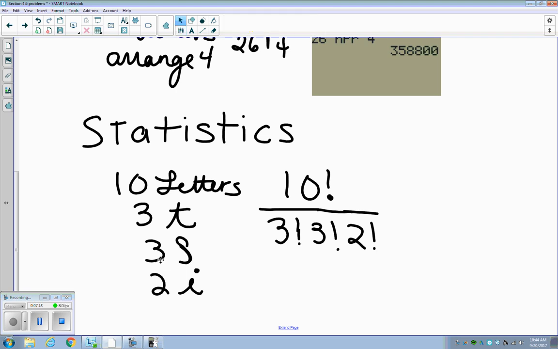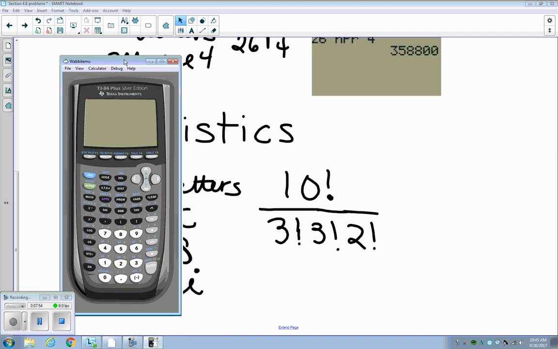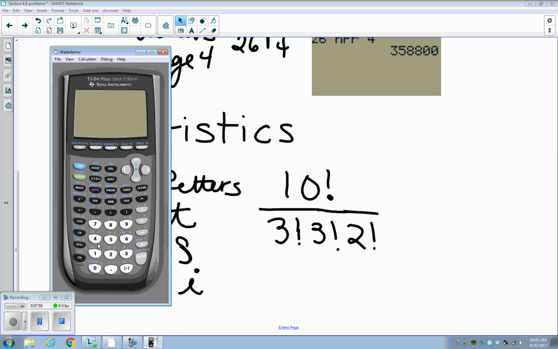So just so we go over that calculator part, because that's a little different, bring that calculator up. I'm going to start with 10 factorial on the top of my fraction, so that is my numerator. So I'm going to do 10 math.